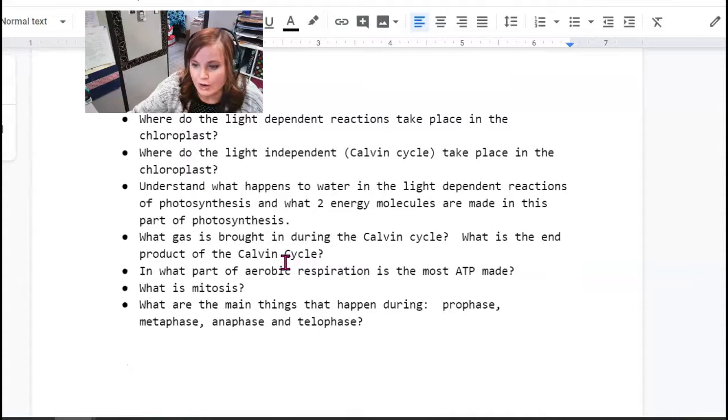Understand what happens to water in the light-dependent reactions of photosynthesis and what 2 energy molecules are made in this part of photosynthesis. Remember that light comes in and actually strikes water. And that water is split apart. Oxygen gets released. The hydrogen actually gets shuttled into the interior of the thylakoid membrane. And electrons are then carried down the photosynthetic electron transport chain to produce NADPH.